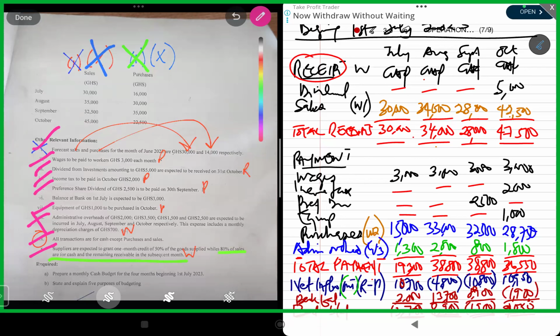Then we brought the bank balance as at the 1st July, 3,000. We added it to the 10,700 and got the balance brought down. Then the balance brought down for July becomes the opening bank balance for August. We adjusted it with the 4,800 by subtracting the 4,800 from the 13,700, and we got 8,900 positive balance, which became the opening balance for September.